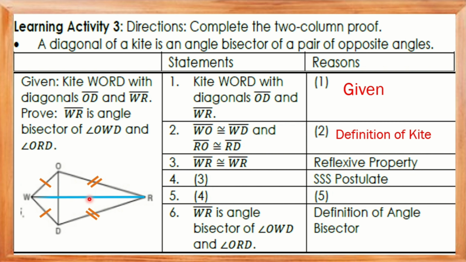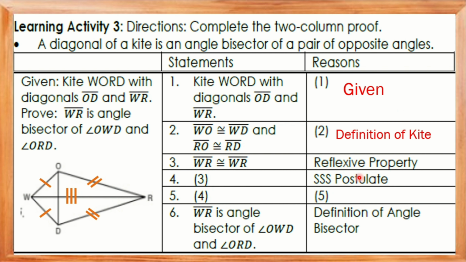Number 3, itong WR is congruent to WR. So, as you can notice, congruent siya sa sarili niya. Katulad kanina sa mga nauna nating activity, kapag congruent siya sa sarili niya, ibig sabihin ang property na yun ay reflexive property of congruence. So, wala tayong problema sa number 3 dahil nandyan na yung sagot nila.